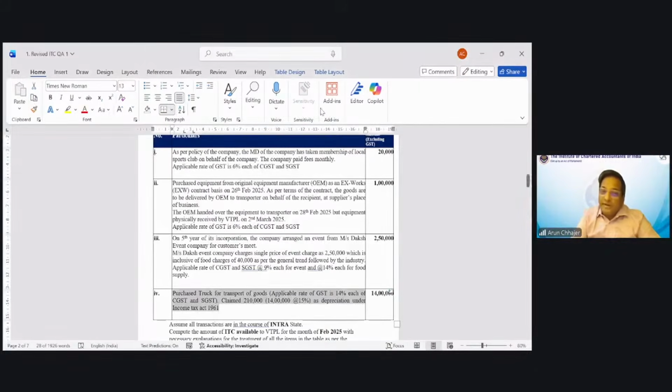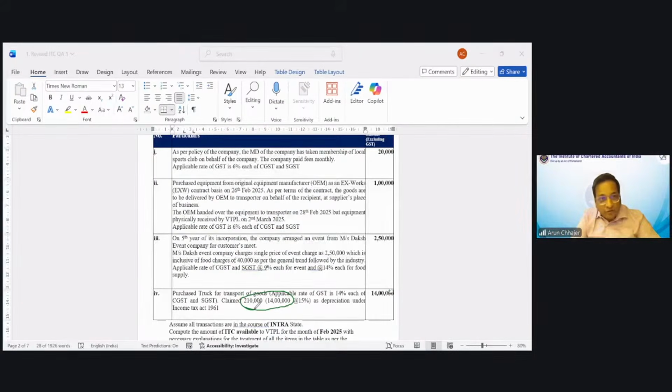One participant was counting 1290, 1190, something. Do I not have to subtract 210 from the 14 lakh? It is depreciation on asset.